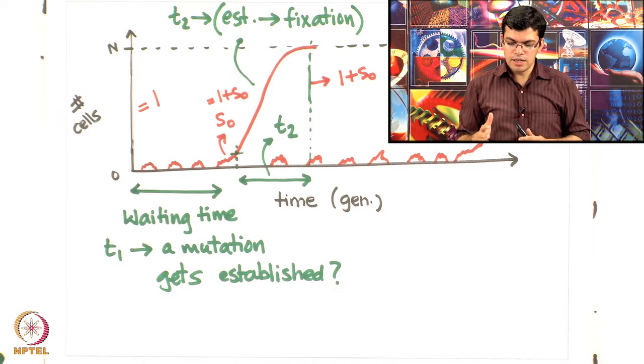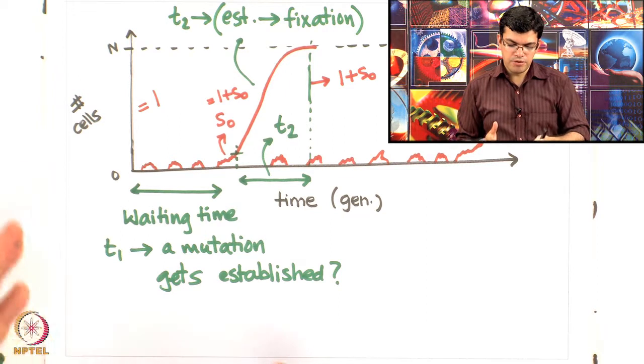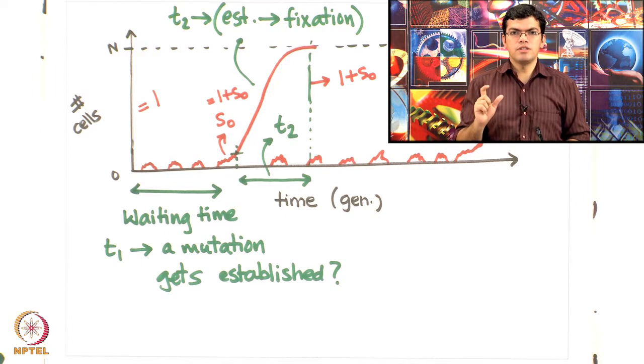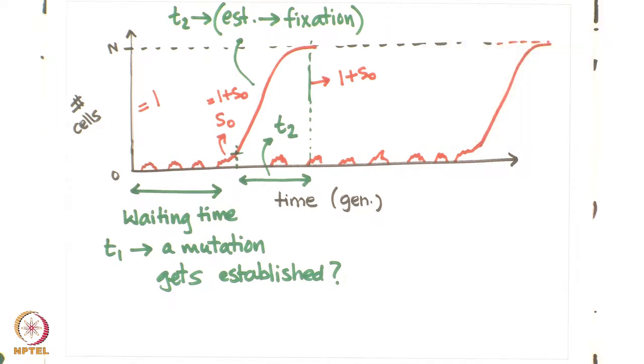So I need to get an estimate of T1 and T2, and I know that in the time T1 plus T2, fitness changes by S0. So the speed of evolution is just given by S0 divided by T1 plus T2.